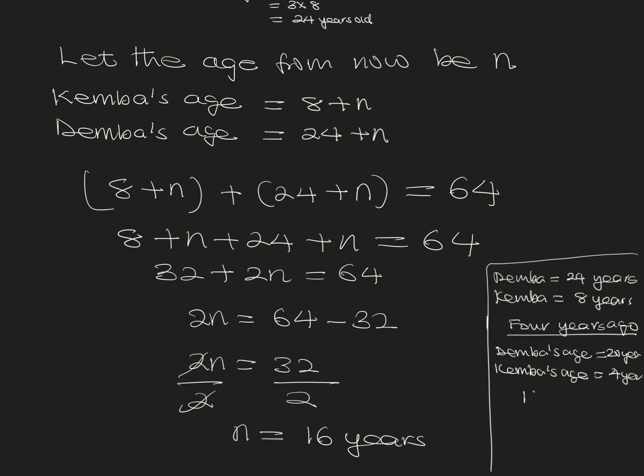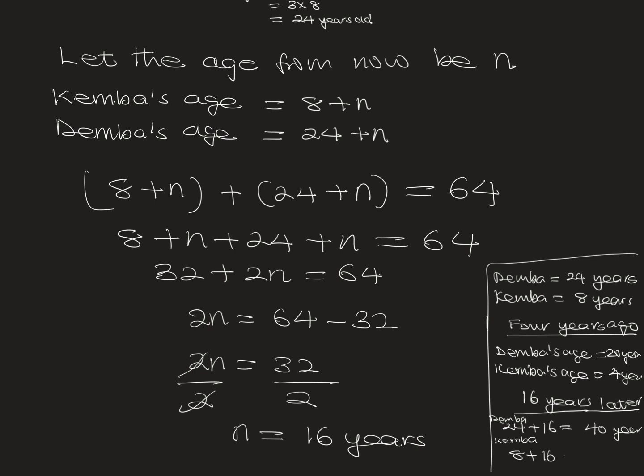And 16 years from now, what is Demba's age? That will be 24 plus 16 is 40 years. That is for Demba. But what of Kemba? Kemba's age is now 8.